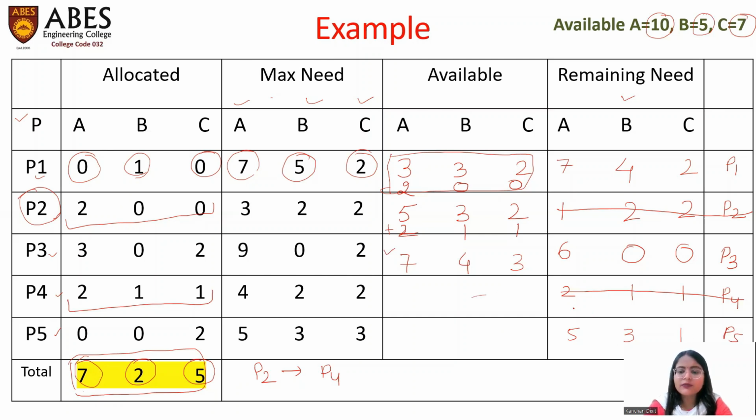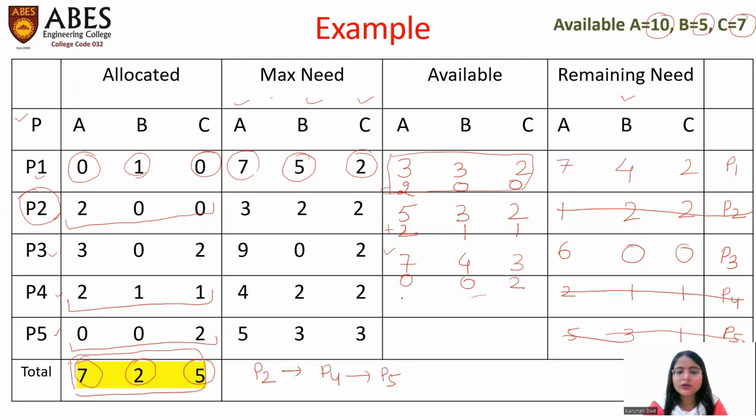So I am taking P5. For P5, I can see that 0, 0, 2, right? So this will be added to the available amount of resources as we are considering that the execution of P5 is done. So it will be out of the system.